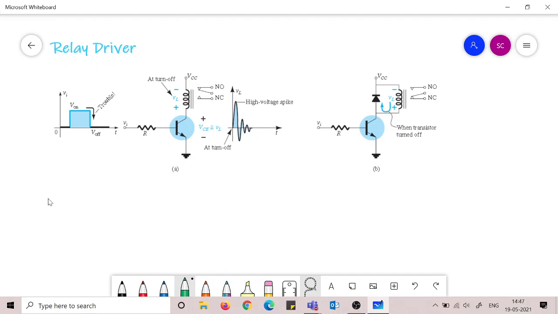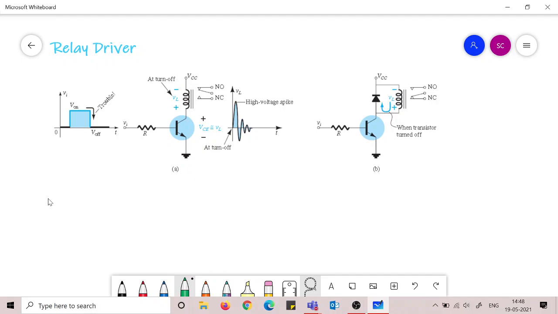And if you see, this VCE voltage is VCC minus this VL. So when this VL has a large spike, this VCE will also be very high. But VCE becoming very high leads the transistor to the breakdown region. Remember the collector curve, VCE being very high leads the transistor to the breakdown region. So the transistor can get destroyed.